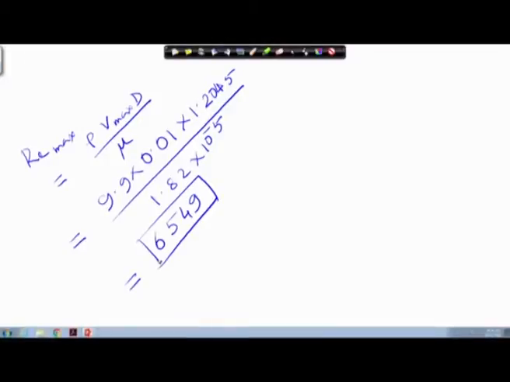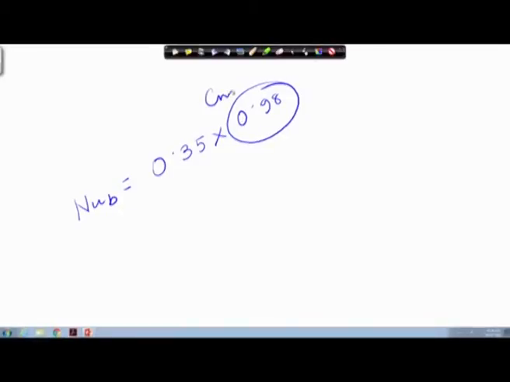If you go back, you will find the appropriate correlation for this condition, and you will find that the Nusselt number equals 0.35 into 0.98. The 0.98 is the Cn, because we have n equal to 8, and corresponding to n equal to 8 we look into that chart and there we find the correction factor 0.98. Then we have Re to the power 0.6, corresponding to Re equal to 6549.